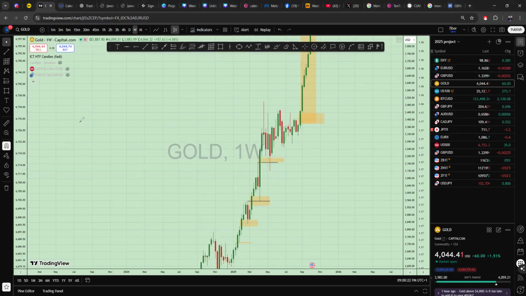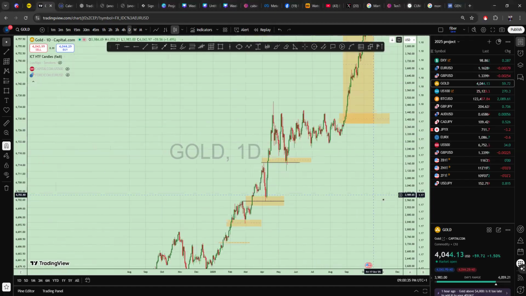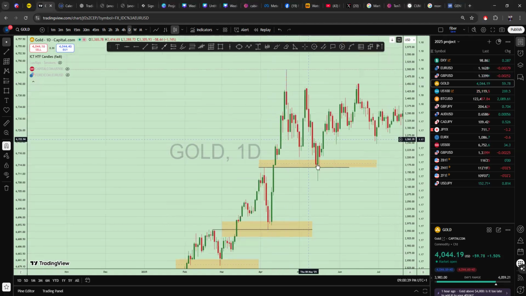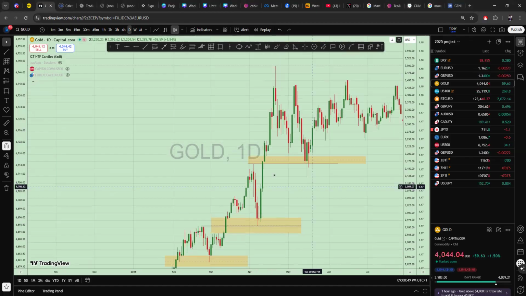We are marking out these areas of FVGs to use them as key levels for price to continue pushing to the upside. But now, it will step down to the lower time frame as of this point. You will notice that the market took a couple of days to come back to this one. That simply means that if we started seeing price dropping, they would have been targeting the fair value gap on the daily, now on the weekly, on the higher time frame as our draw on liquidity.